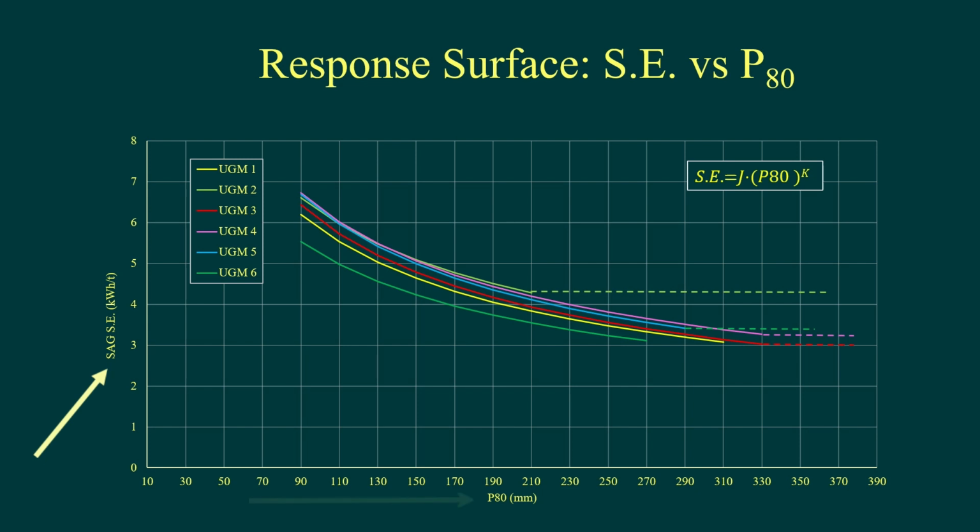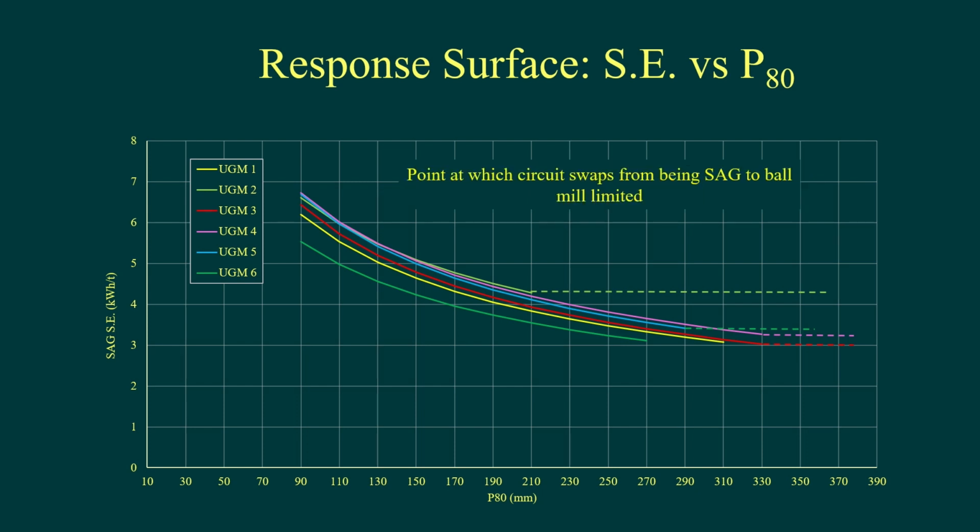On the x-axis we have the ball mill P80. Each of these lines here represents the response of each of these different ore types. And for the curved part of the model, they simply used this very simple power-based equation, which had the specific energy of the SAG mill as a function of the P80.